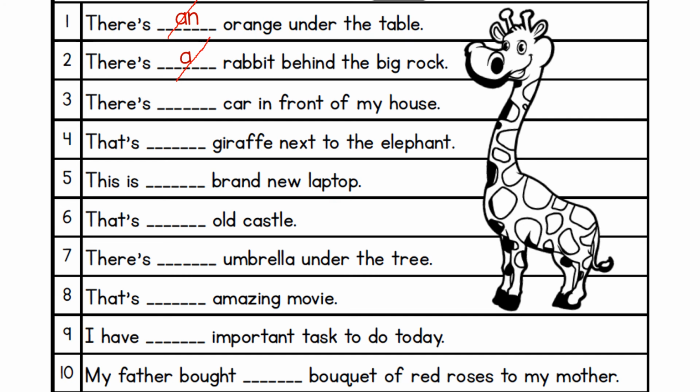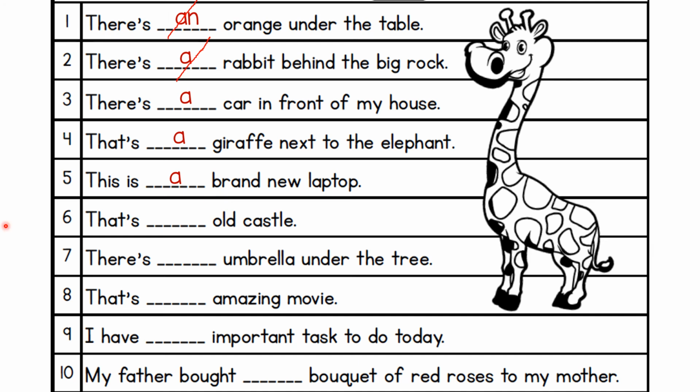Okay. Number 3, there's a car seat in front of my house. Number 4, that's a giraffe next to the elephant. G. So, a. Number 5, this is a brand new laptop.